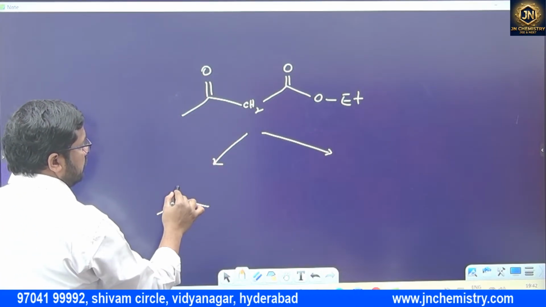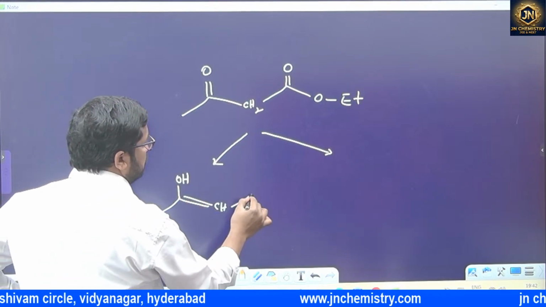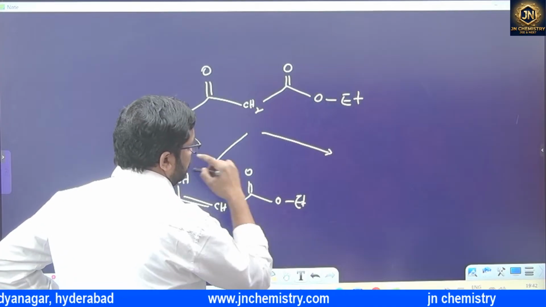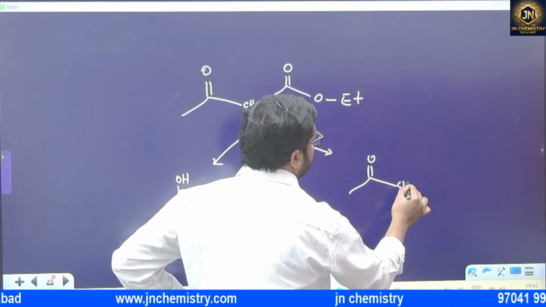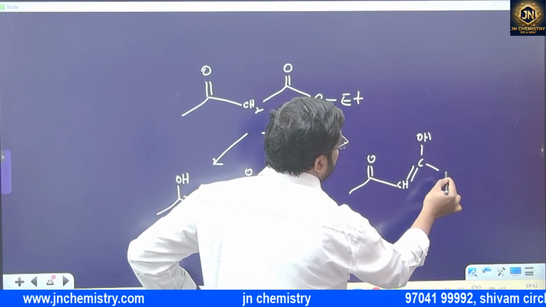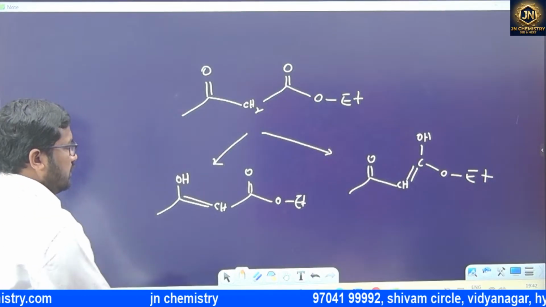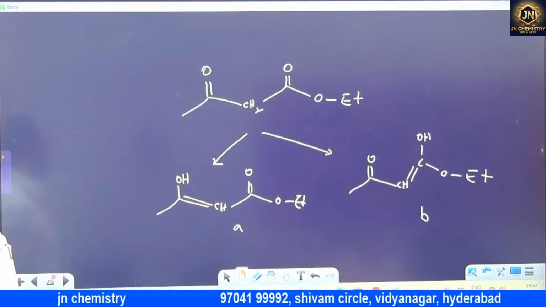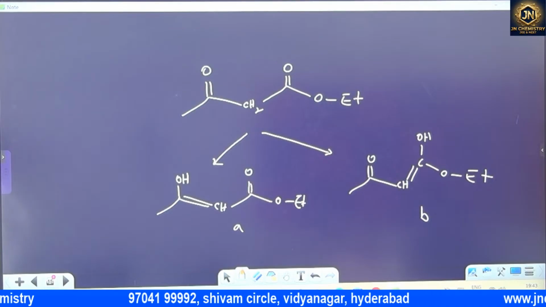For example, if it is going left side, CH, C double bond O, OET. Right side, C double bond O, CH, double bond OH, OET. Now let me know which is more stable in these two cases. Very, very important. This is also.